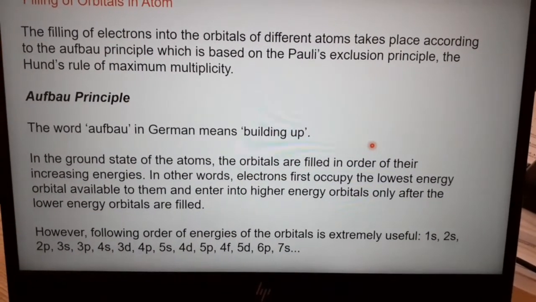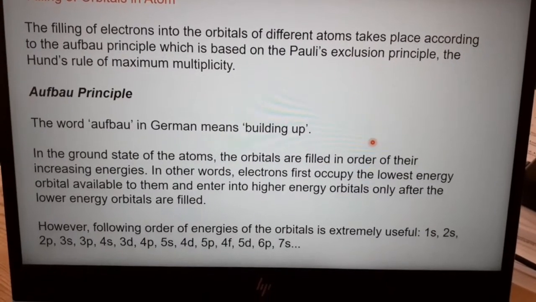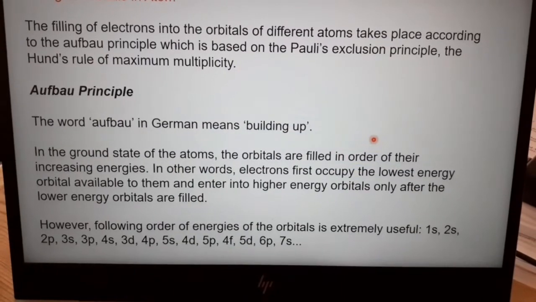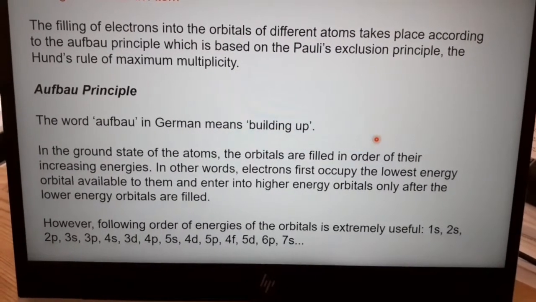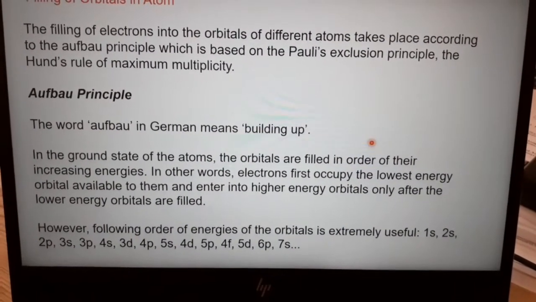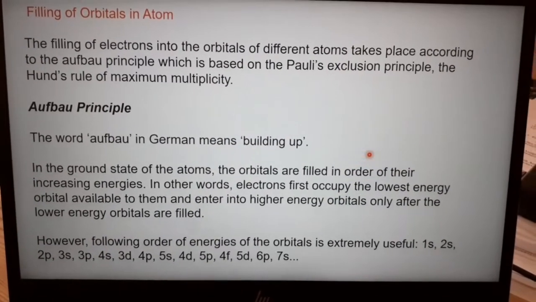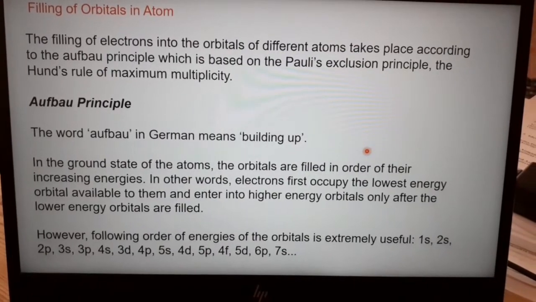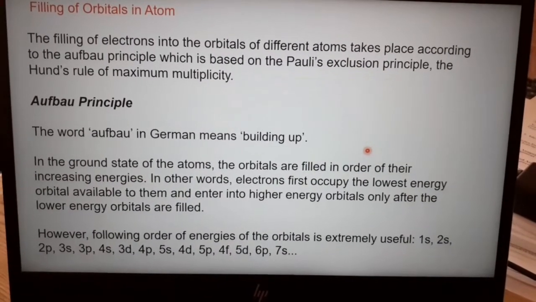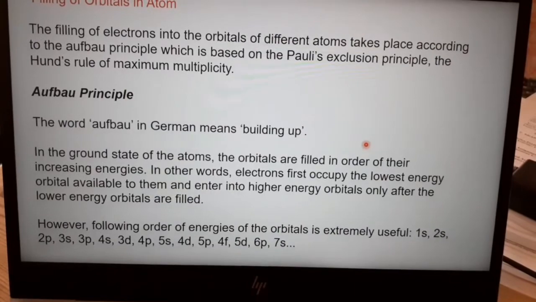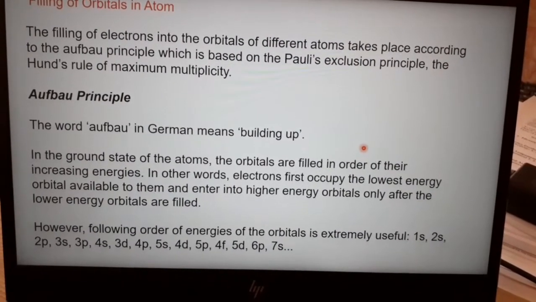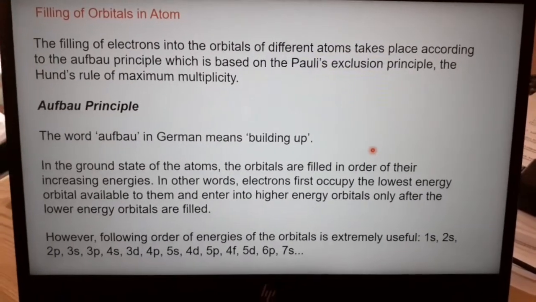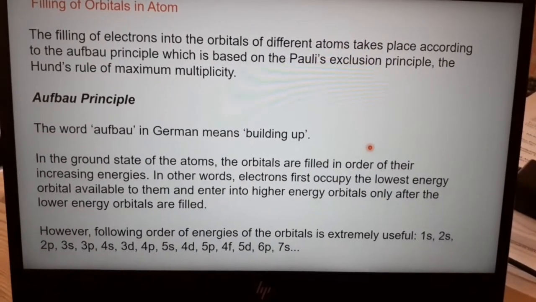This word Aufbau comes from German, meaning the building up or filling up procedure of electrons in an atom, which goes through the Pauli exclusion principle and also obeys Hund's rule of maximum multiplicity. Here you need to know what the Pauli exclusion principle and Hund's rule of maximum multiplicity are.